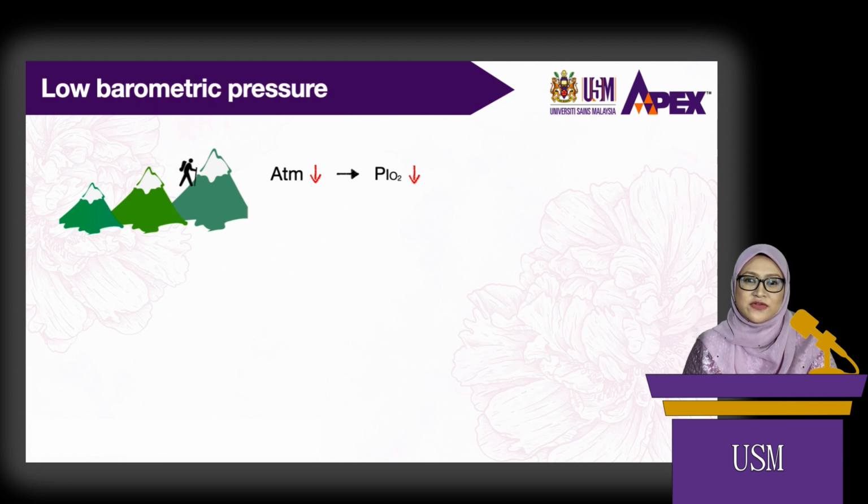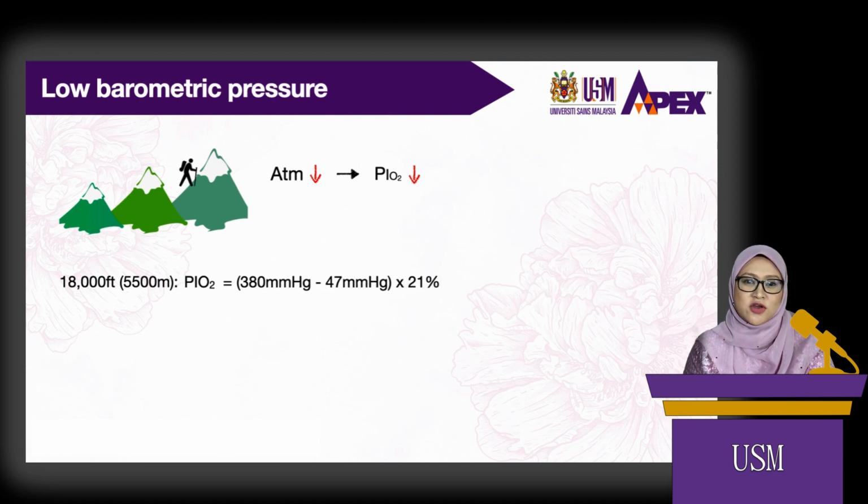At 18,000 feet or 5.5 km above sea level, the barometric pressure is half of that value, which is 380 mmHg. To calculate partial pressure of oxygen in the inspired air at 18,000 feet above sea level, we need to correct the barometric pressure of dry air by the water vapor pressure of 47 mmHg, then multiply by the fractional concentration of oxygen, which is 21%.